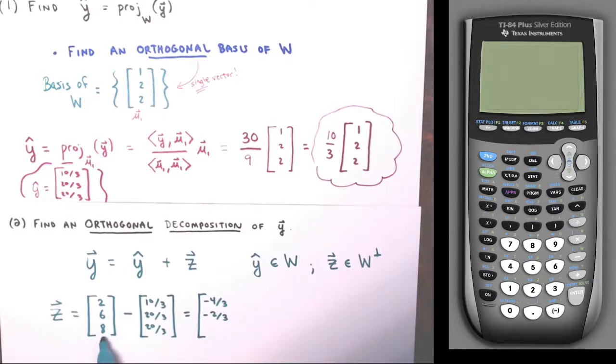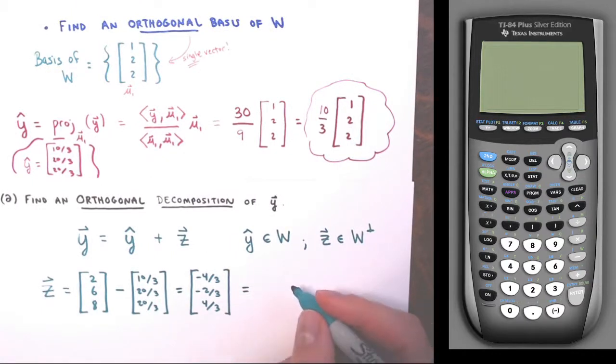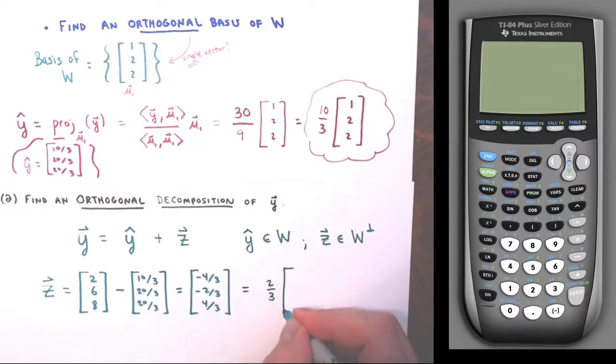And 24/3 minus 20/3 is +4/3. Now I can pull out a common factor. These all have 2/3 in common, or maybe even -2/3 if you want. There'd be -2 there, -1 there, and +2 there.